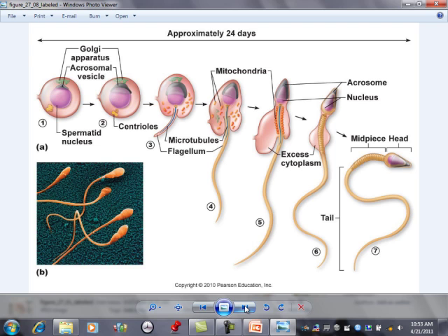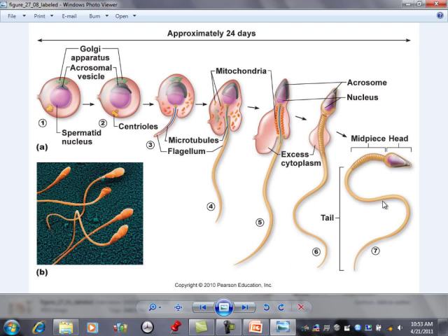So they kind of go through a little bit of a metamorphosis. What's a metamorphosis? Yeah, a change in shape from beginning to end. So they go from that nice round cell, the spermatogonium, in the beginning, and they will then go through metamorphosis and change what they look like at the end.